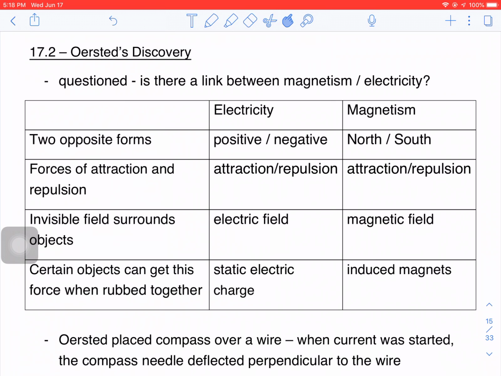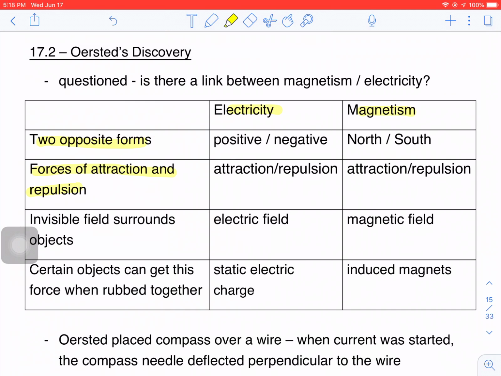So let's go back to Christian Ørsted, a physicist who was looking at electricity and looking at magnetism, and he said, when I look at these two things, there's a lot in common between them. Right? First off, there's two opposite possibilities. For electricity, it's positive and negative. For magnetism, it's north and south. We have two types of forces that can exist.